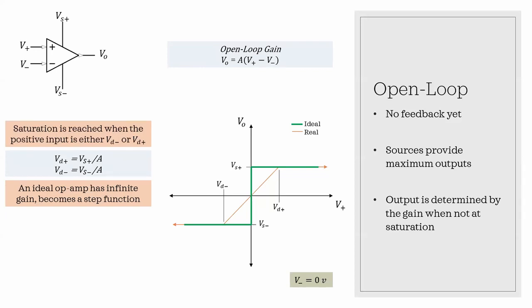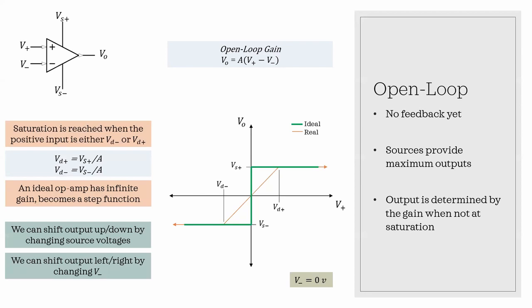And now we can also shift this around by a couple of basic rules that should be pretty familiar to anyone who remembers how to shift functions around. We can move our plot up or down by changing our source voltages up or down. So if Vs plus is much, much higher, we would have a higher saturation voltage. And if we shift our Vs minus so that it's above 0 but still below Vs plus, then our entire op-amp would operate above 0 volts for output.